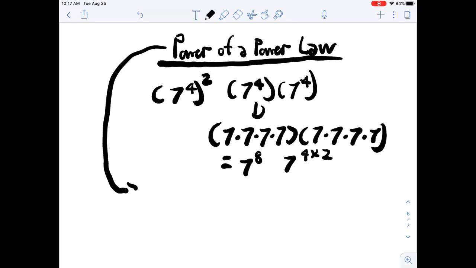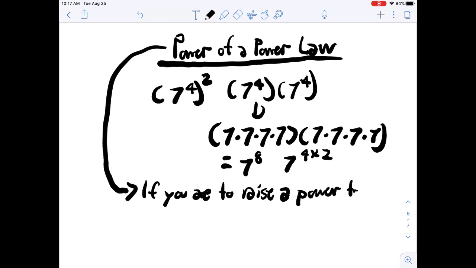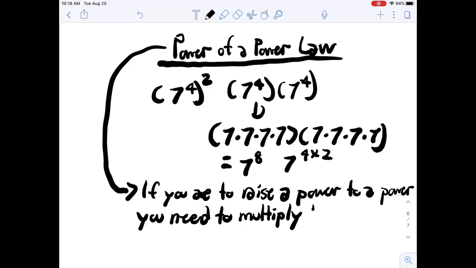So the power of a power law states that if you are to raise a power to a power, you need to multiply the exponents. So just at the top, we're multiplying 4 and 2, which is 8, and that's how we got this.